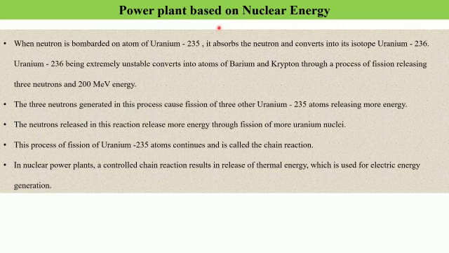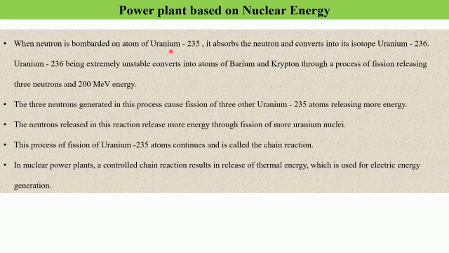Alpha, beta and gamma rays are also given out, and energy equal to 200 million electron volt is released per fission reaction. When a neutron is bombarded on an atom of uranium-235, it absorbs the neutron and converts it into its isotope uranium-236.